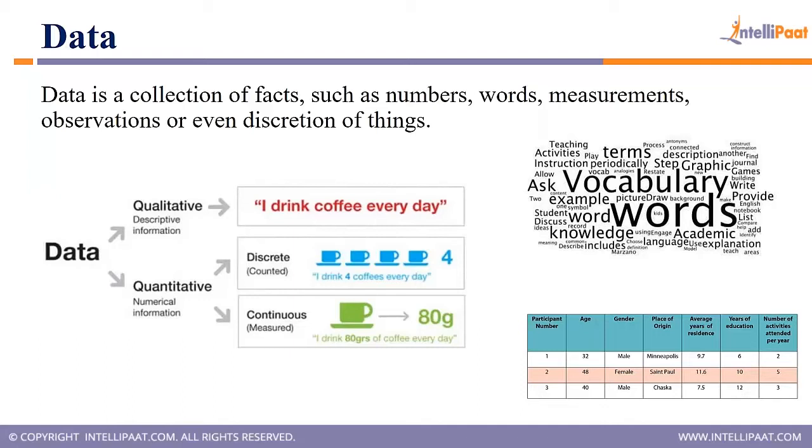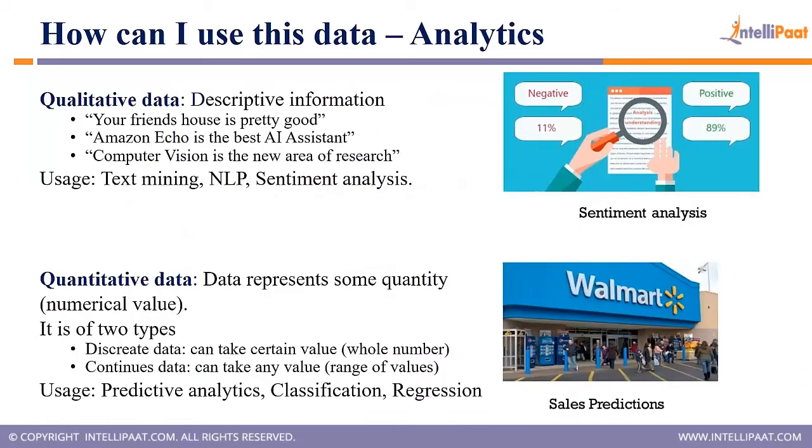Let's move on. What are the things we focus on? I just talked about the same things, which we can use for text as well as in more detail in this data. As we know, qualitative data is descriptive information, and we can do sentiment analysis on this.